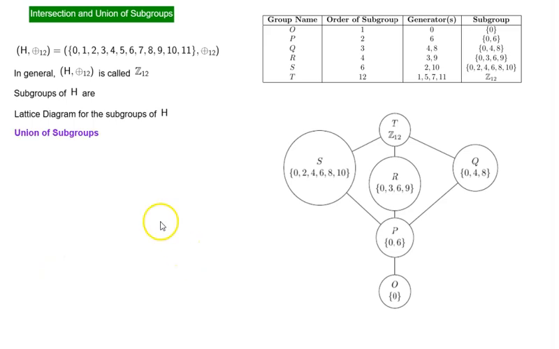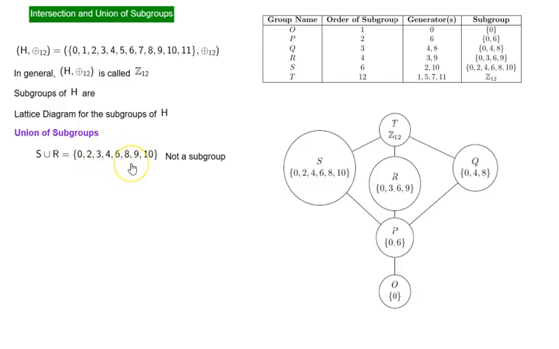Now let's look at the union of subgroups. S union R will give us 0, 2, 3, 4, 6, 8, 9, 10. So this is not a group. How can we say that? Let's take 9 plus 10 is 19, but modulo 12 is what? 7. 7 is not there in this group.